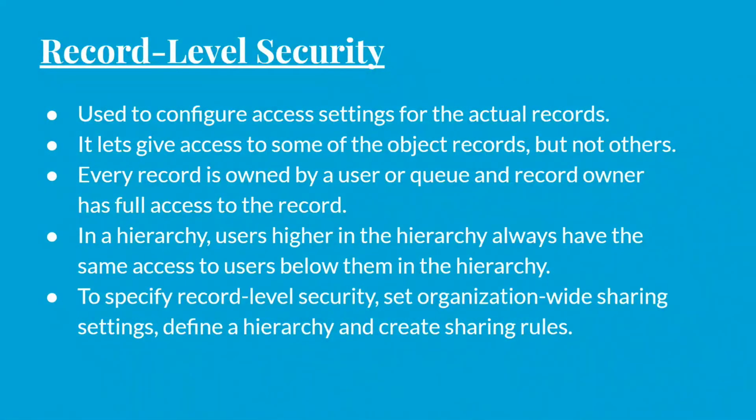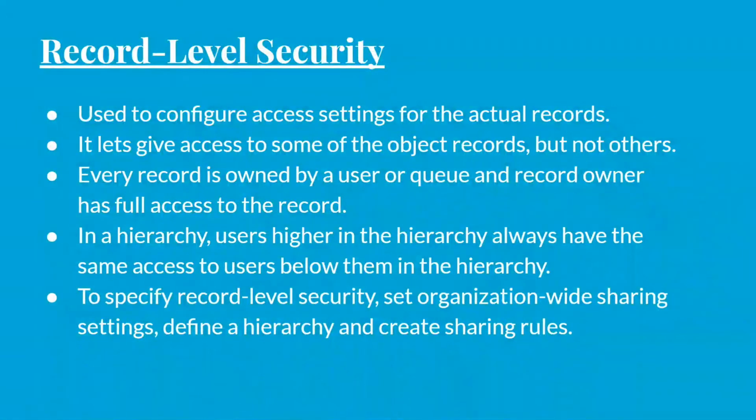Suppose the CEO is the top employee in your role hierarchy, and under that are different levels of roles. So the CEO will be able to see all the records because all others are coming under him in the role hierarchy. So he will get the same access as the users below him in the hierarchy.